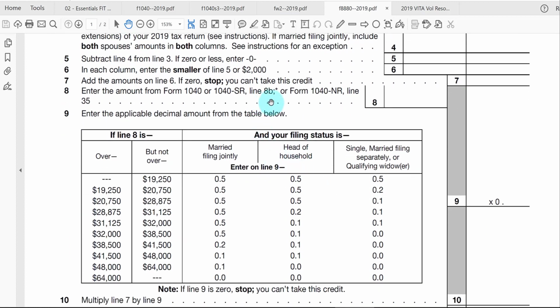So if you remember line 8B back on the 1040 form, that's going to be the adjusted gross income we've seen previously, reducing other credits we've been looking at. So you look up the AGI down these two columns, and you'll go across the row, and based upon the filing status of our taxpayers, that will determine the rate we use against that 2,000 or 4,000 max over here.